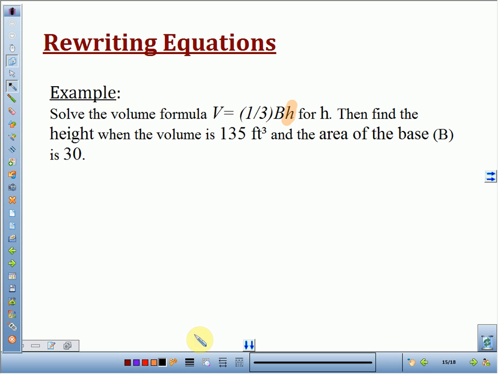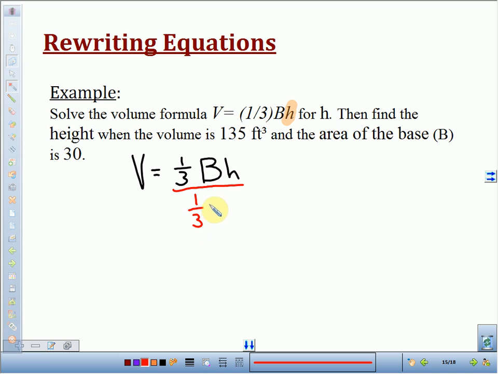So I'm going to start by rewriting my equation. V equals 1/3 BH. And now my goal is to solve for H. So I want to divide 1/3 BH by 1/3 B. And if I do it on one side, I have to do it on the other.